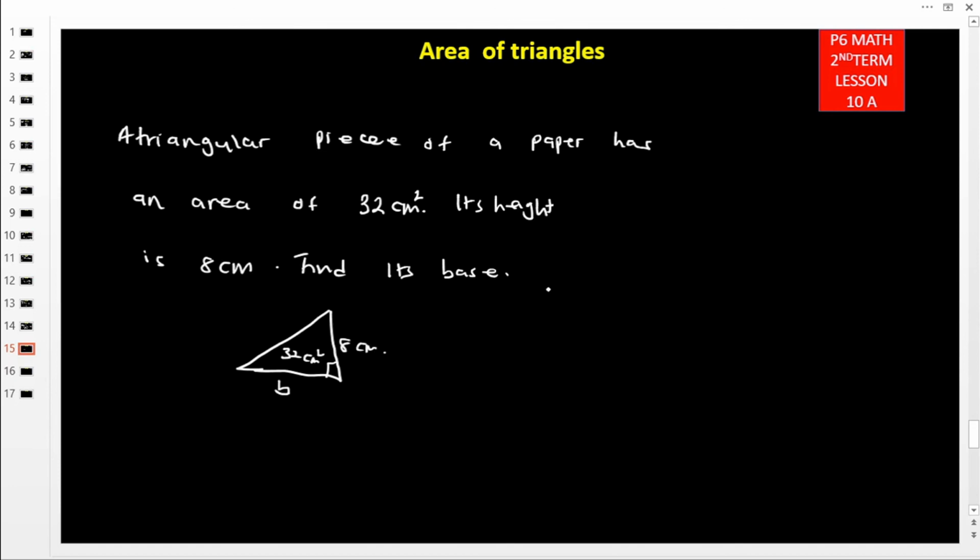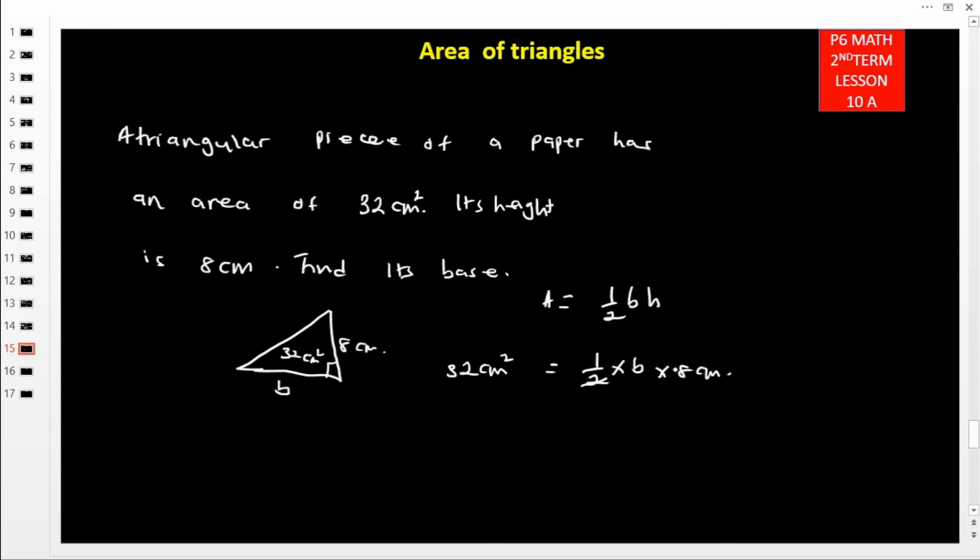Therefore, to get the area, so area here is equal to a half base times height. Therefore this is a half. What is the base? The base is now not given, it's a b, then times the height, which is 8 centimeters. Then this area is given as 32 centimeters squared.